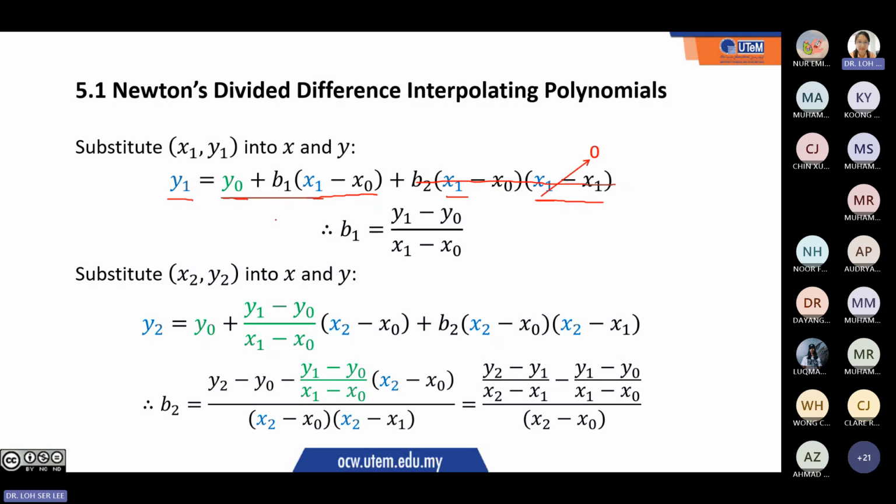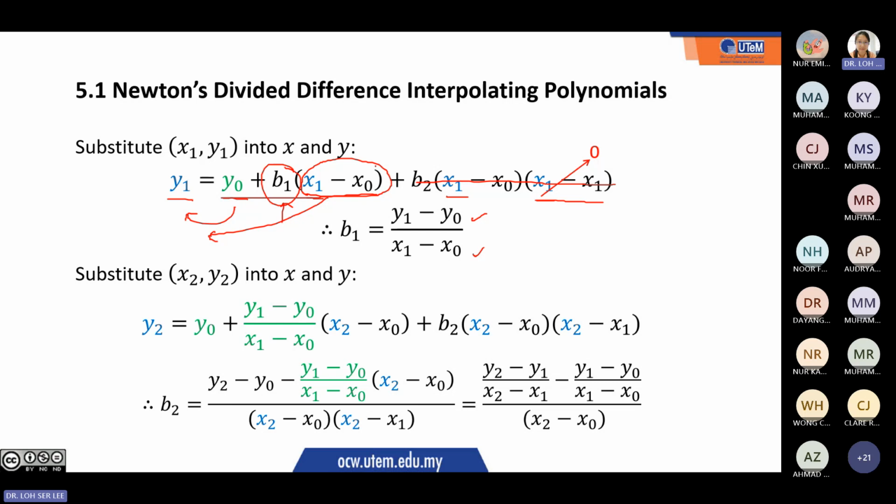Here we want to get B1, so we just rearrange. This one you move to the left, y1 minus y0. And this term you move to the left, so you have x1 minus x0 at the bottom. This is how we get B1.